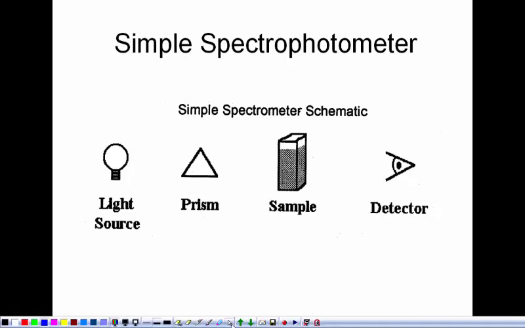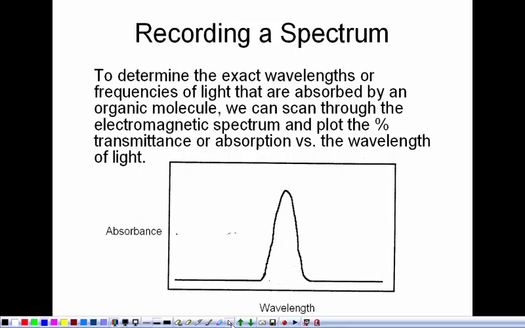What we're going to do that's a little different than what you've done before is that we're going to look at a spectrum. In other words, I'm going to pass individual wavelengths of light through the sample, and I'm going to measure the corresponding absorbance by that molecule. And so what I'm going to end up with is peaks. The peaks show us what wavelength was absorbed by the molecule.